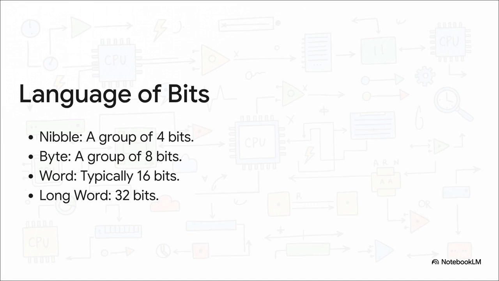Now, early pioneers like the famous Intel 8088 were just 8-bit processors. Later came 16-bit chips, and groups of 32 bits were called long words. Today, of course, processors effortlessly manipulate 32, 64, or even 128 bits, all at the exact same time.